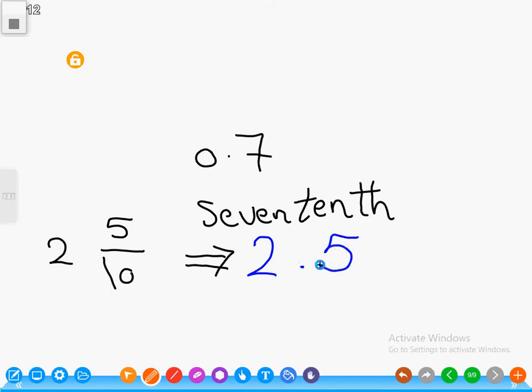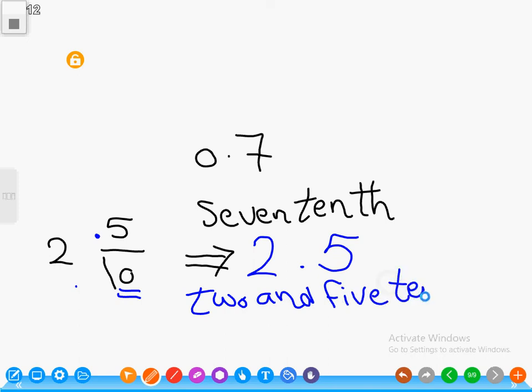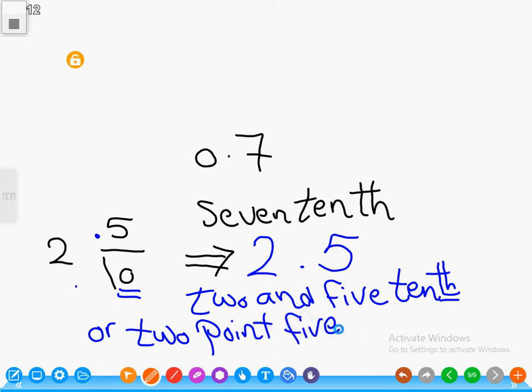Why? We will put the decimal point after one digit, so I will put it here. 2.5. We can read it 2 and 5 tenths, or 2.5.